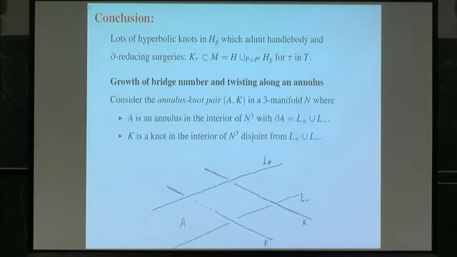So given an annulus knot pair in a 3-manifold, so you have an annulus in the interior of the 3-manifold with boundary L plus, L minus, and then I have this knot K disjoint from L plus and L minus, then I can look at the knots I get by twisting along that annulus.